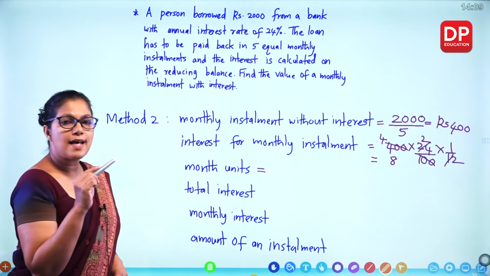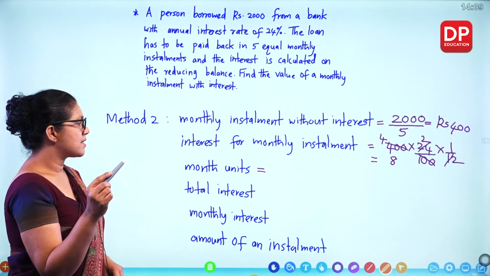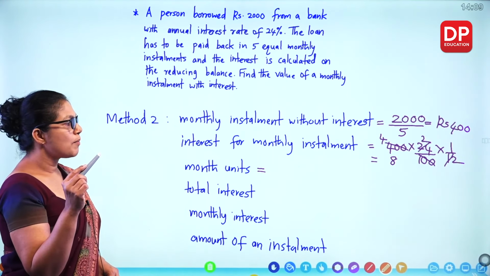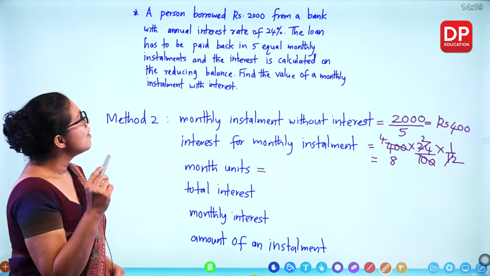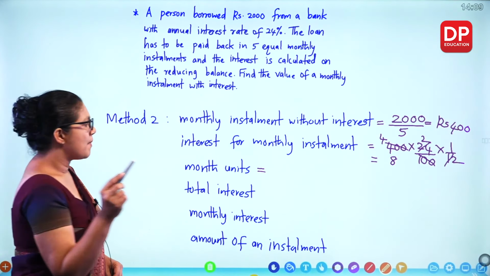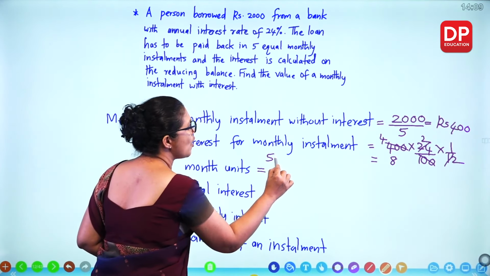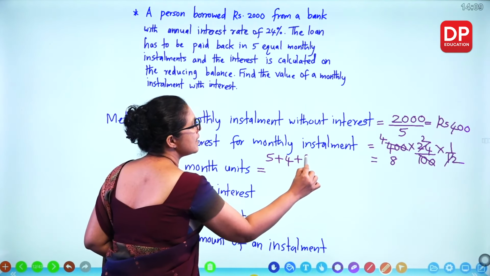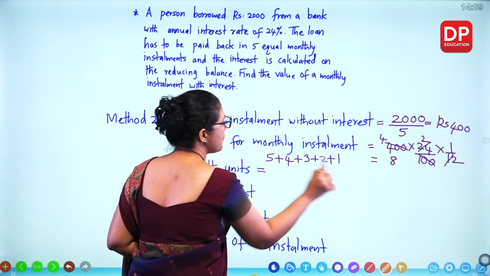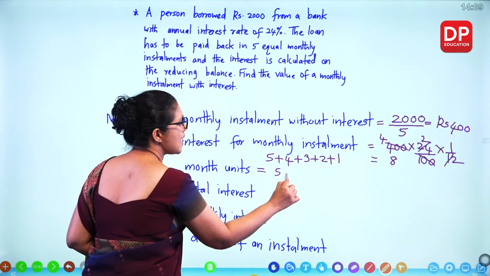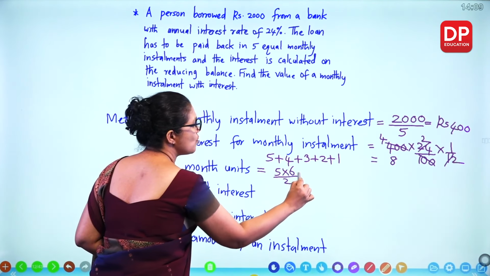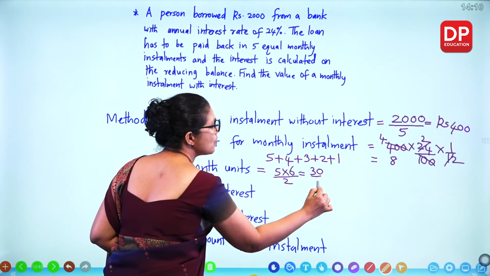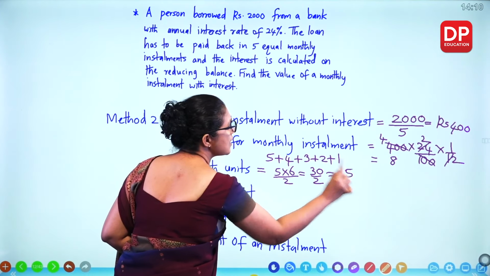Now this is the new step. We call this month units. How can we find month units? In this case, 5 equal months are there. So you need to find 5 plus 4 plus 3 plus 2 plus 1. What's the method? That's 5 times 6 divided by 2. 30 divided by 2, you get 15.